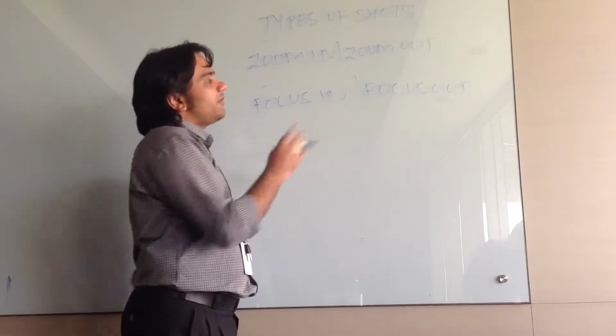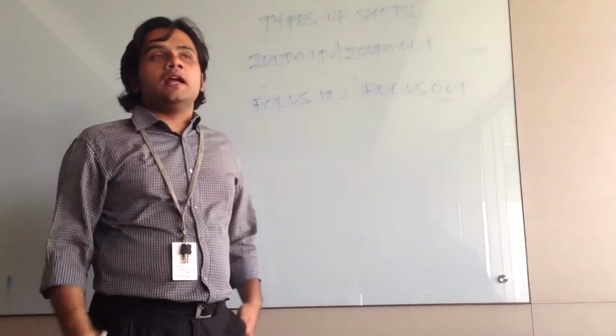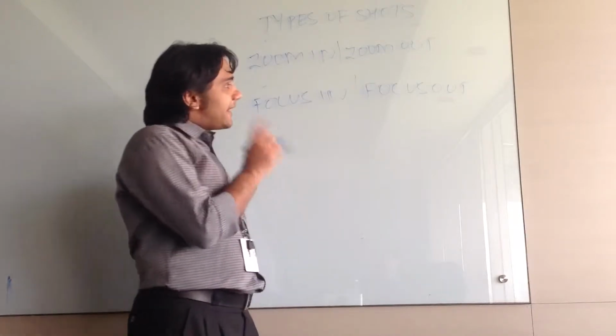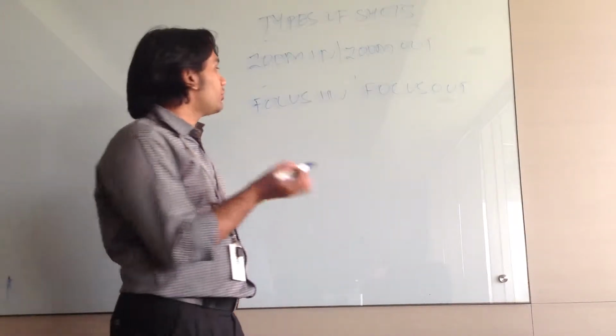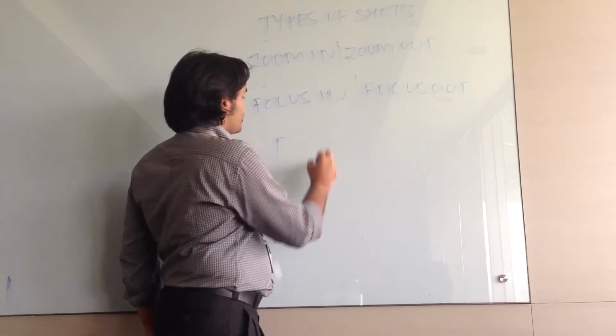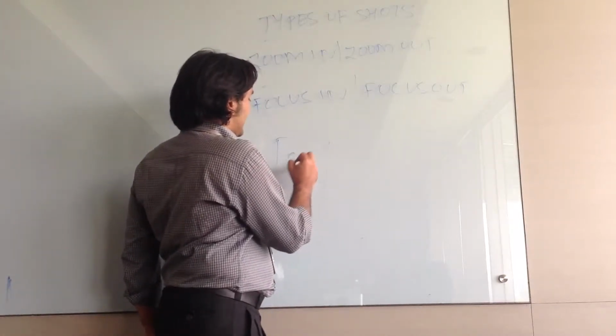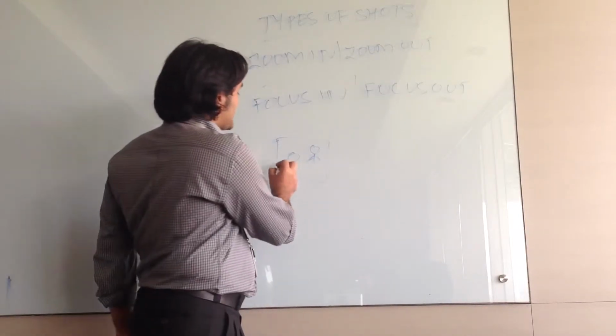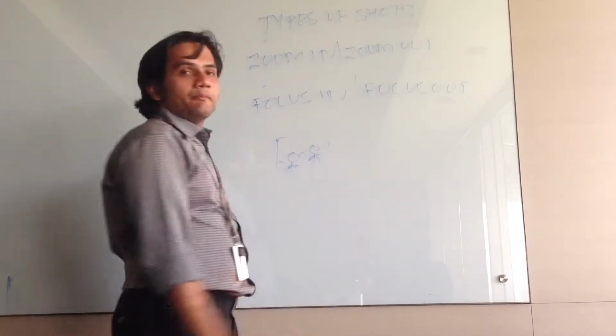So that is called a focus in, focus out shot. A very important dramatic use of this shot is made when you want to establish relationships between two subjects in different fields. What do I mean by fields? One is in the foreground and one is in the background.